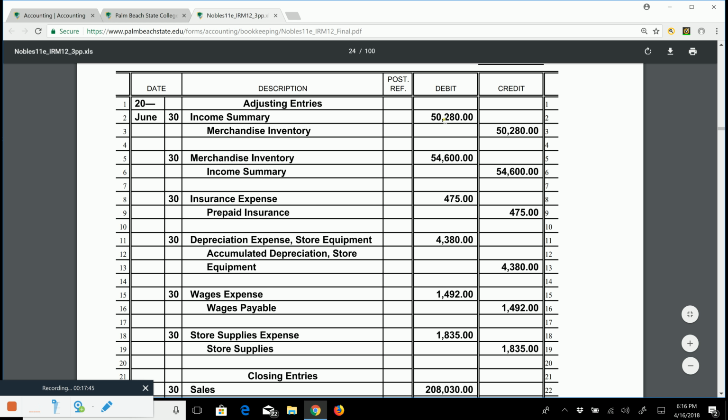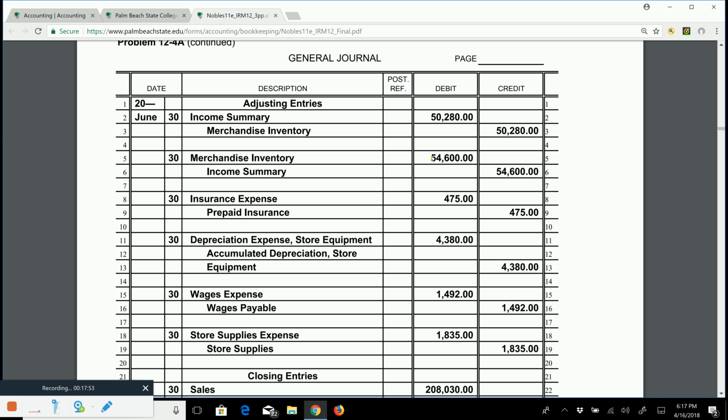And immediately we're going to record a second adjusting entry to record the new physically counted inventory. Your author is telling you that the merchandise inventory as of June 30th, the end of the new year, is $54,600.